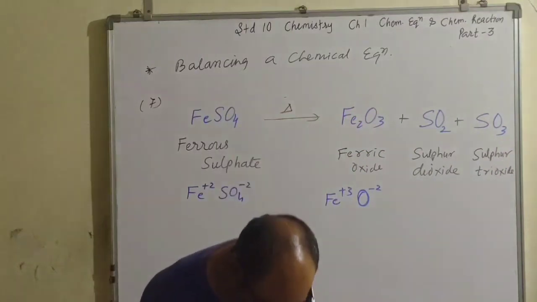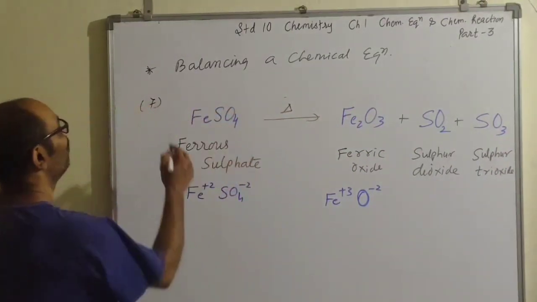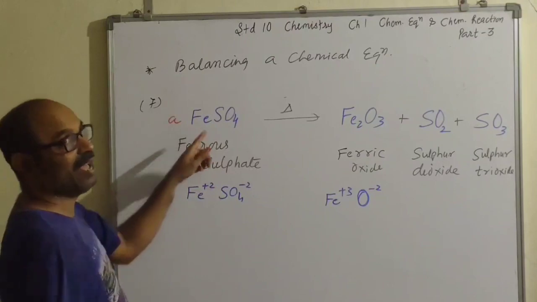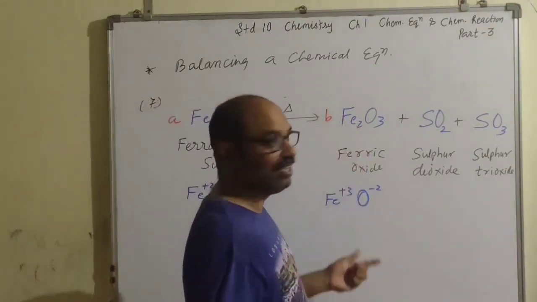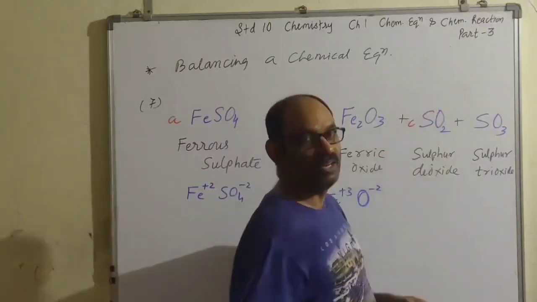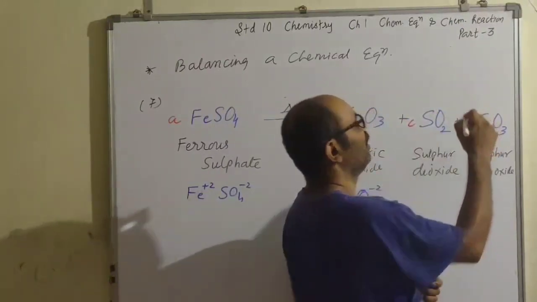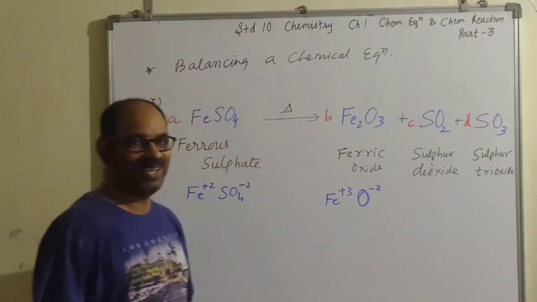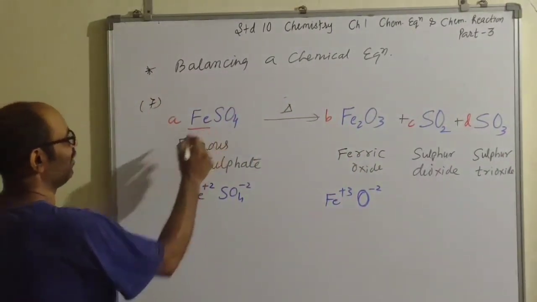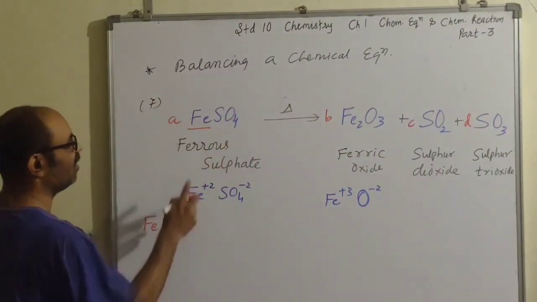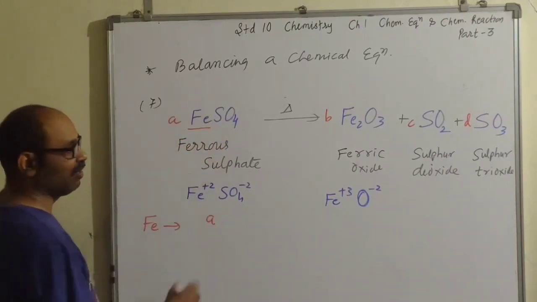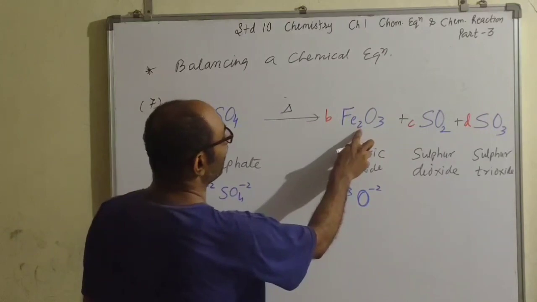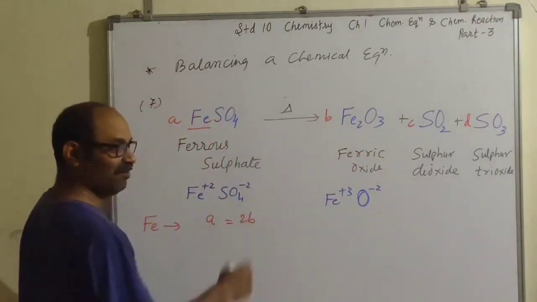Now it's time to balance. It will be tough. A molecules of ferrous sulfate when heated give B molecules of ferric oxide, C molecules of sulfur dioxide and D molecules of sulfur trioxide. First we'll try to balance iron. 1 into A atoms of iron on the left hand side, right hand side 2 into B, 2B.